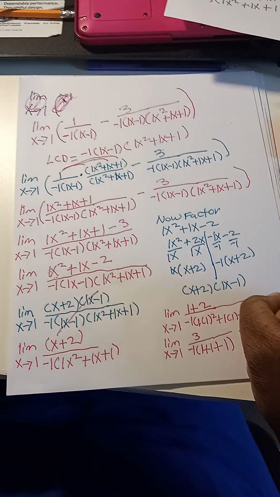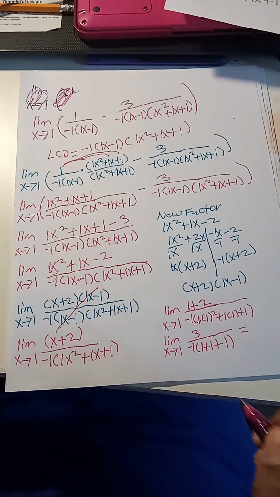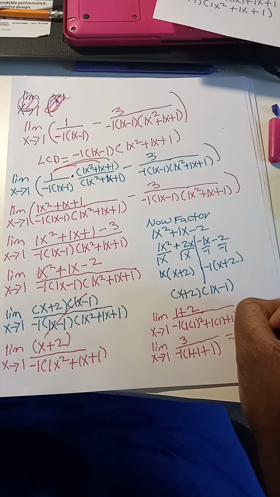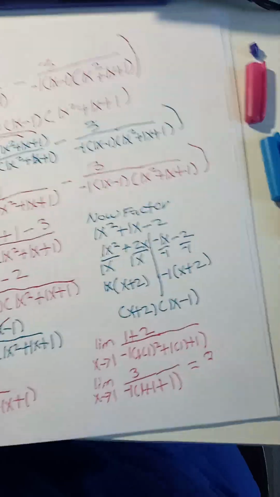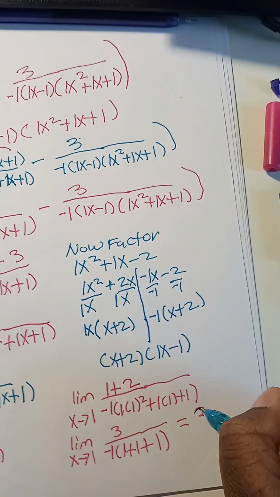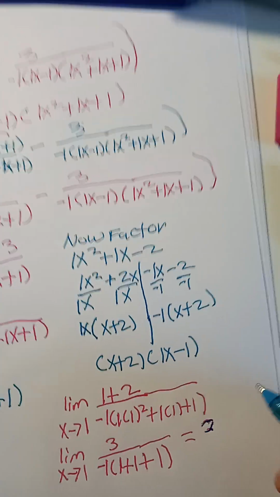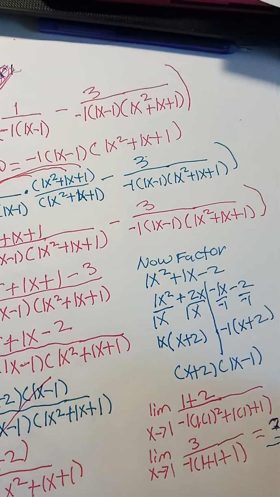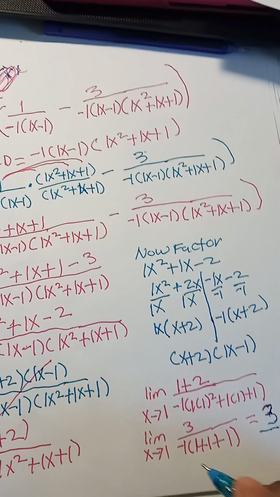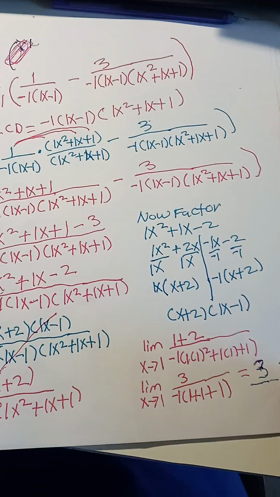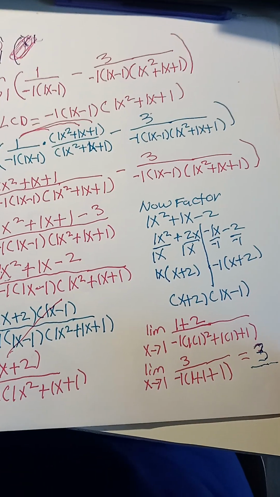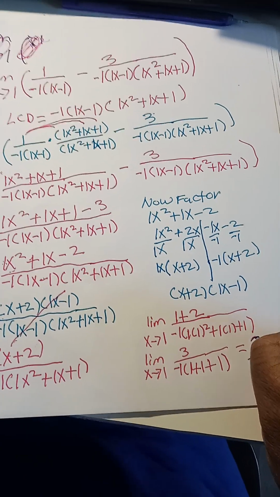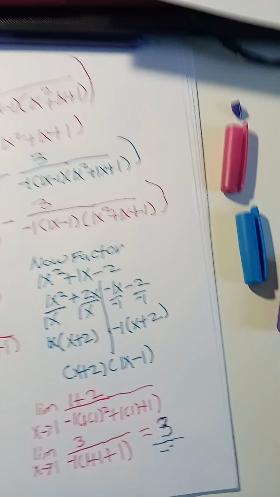So, which is going to equal 3. So it's going to equal 3 divided by negative 3. Because negative 1 times 1 plus 1 plus 1 is the same thing as saying negative 1 times 3, which is negative 3 is now in the denominator.